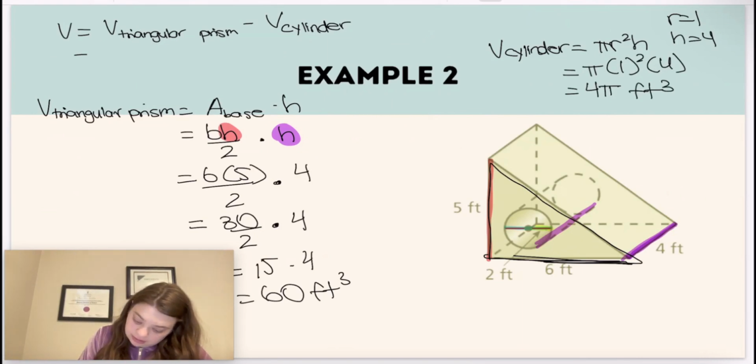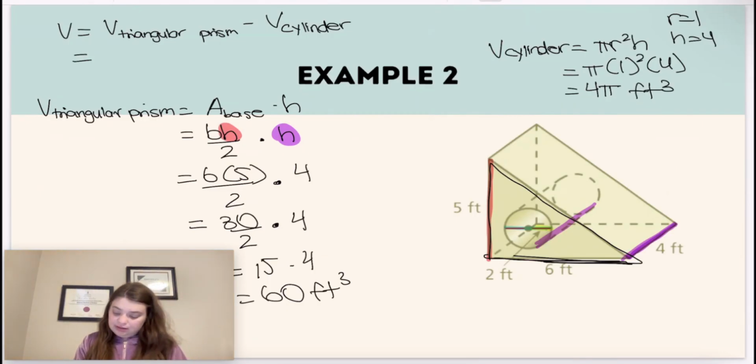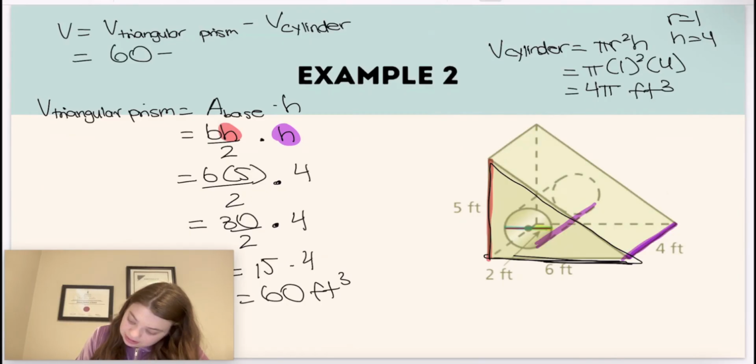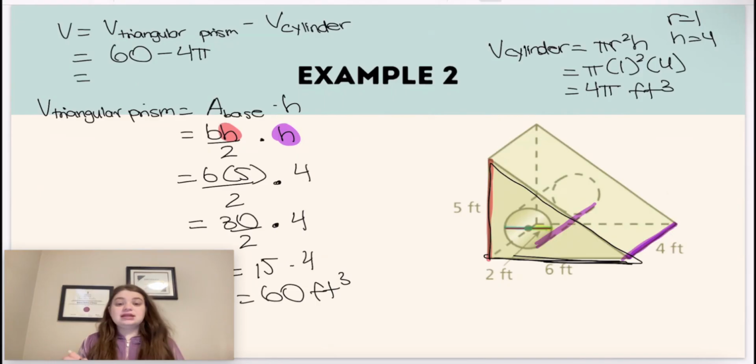And so therefore, the answer here would be that the volume is 60 minus the volume of the cylinder, 4 pi square feet, or cubic feet rather, sorry. And so that's the exact answer right there. It's 60 minus 4 pi cubic feet.